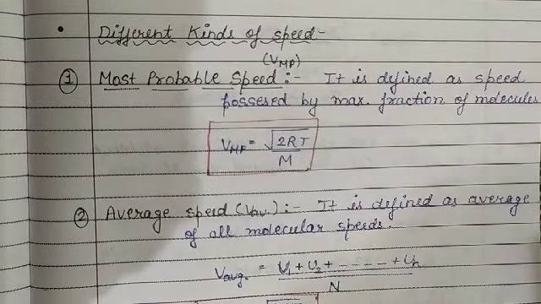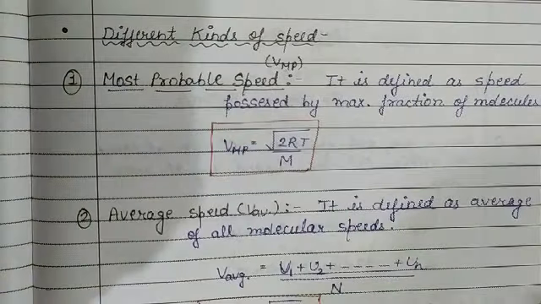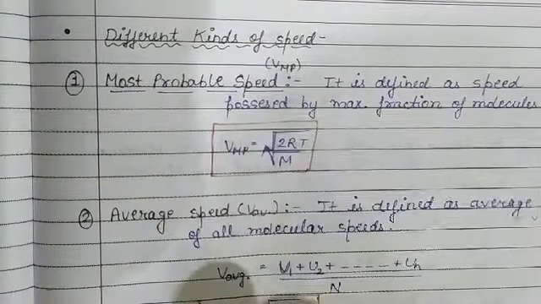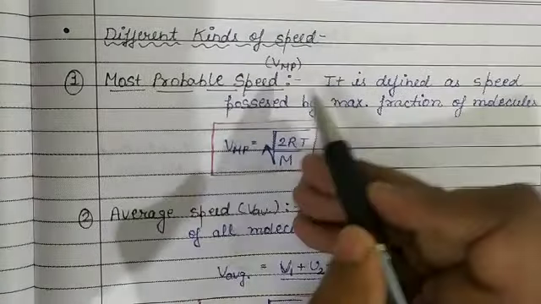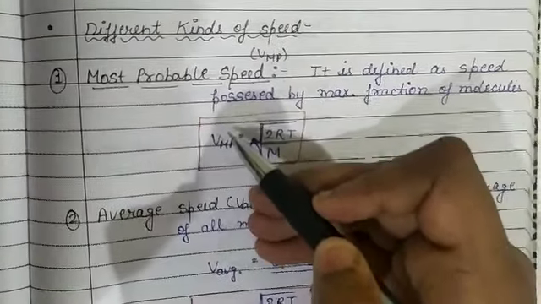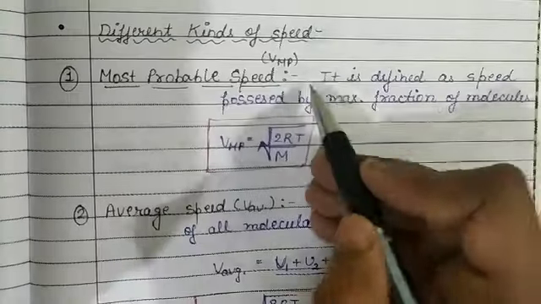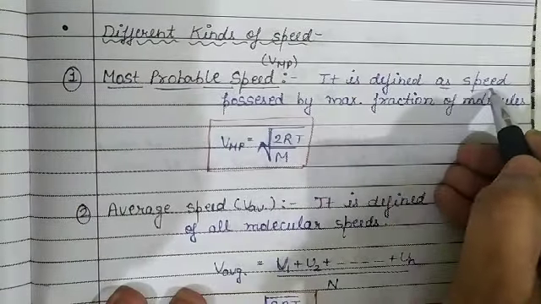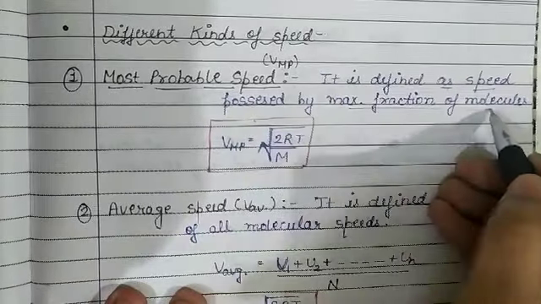So basically, one of the different types of speed is the most probable speed. What is most probable speed? Most probable speed is where the probability is maximum, and it is defined as the speed possessed by the maximum fraction of molecules.